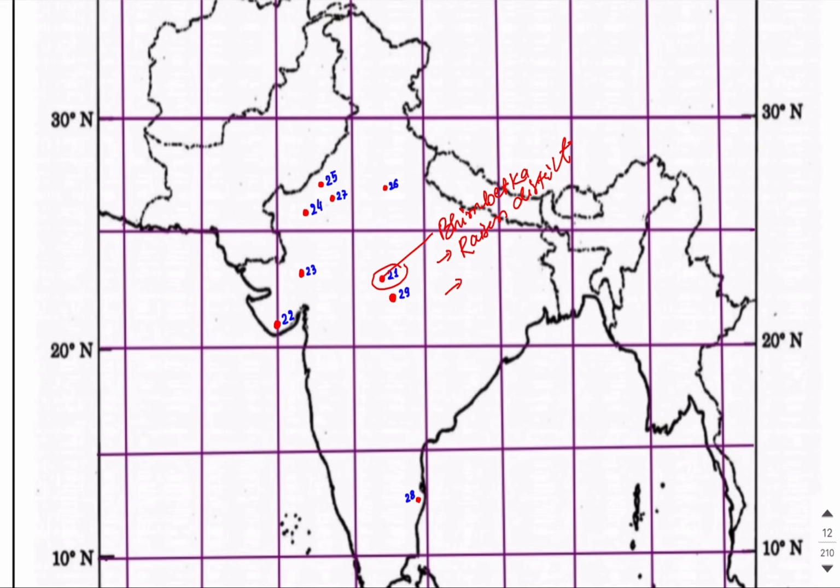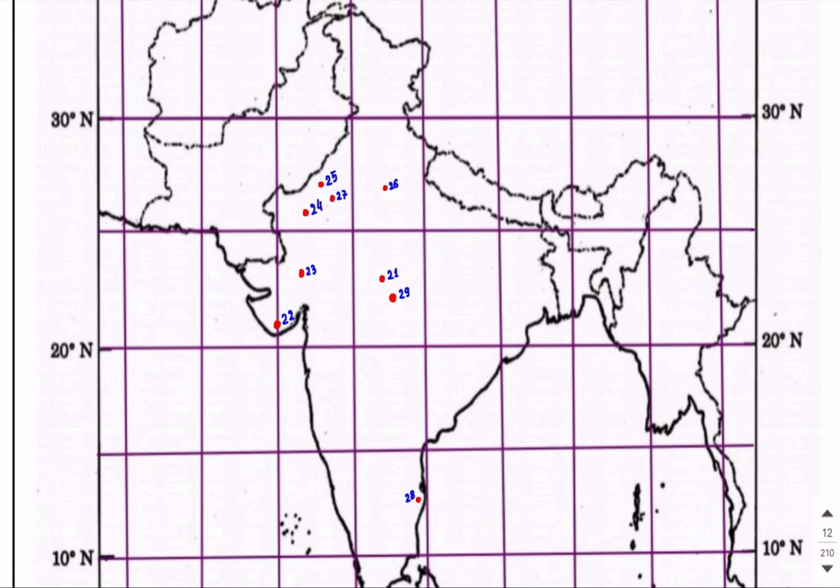And one of the most important things about this site is that ostrich eggshell has been found from here, which is very ancient, dated back to the upper Paleolithic. So the ostrich egg which is found here belongs to the upper Paleolithic. So this is your Bhimbetka.